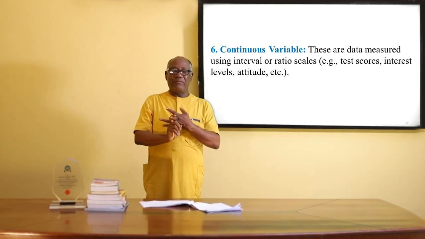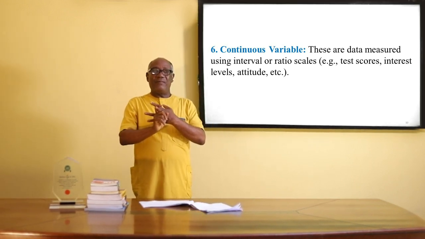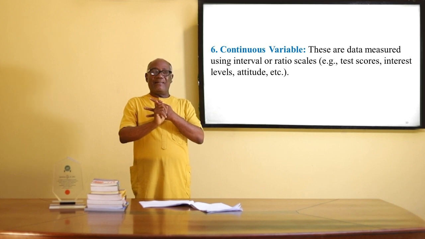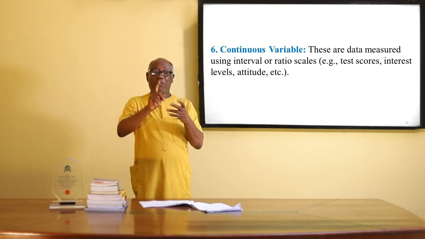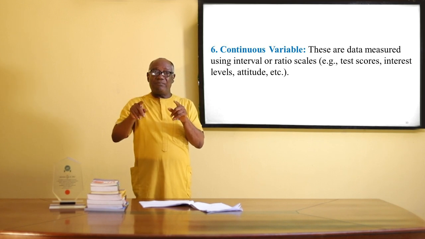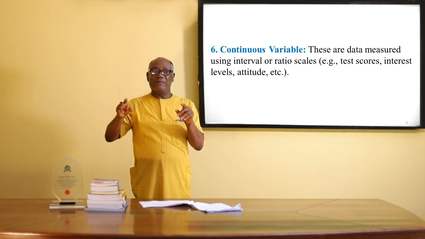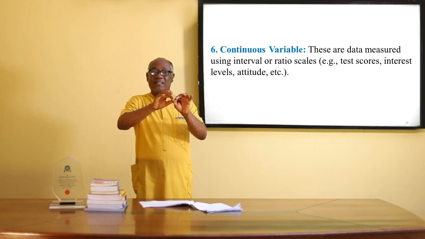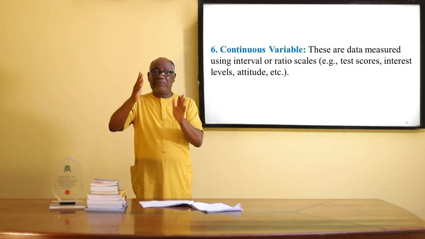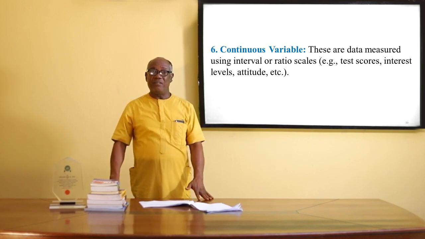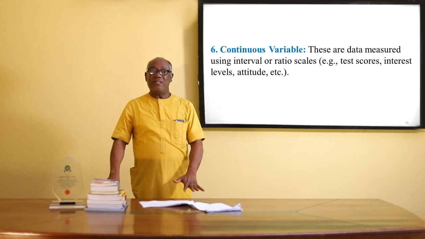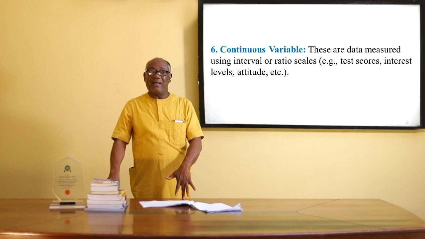For example, if you have data that are presented in the form of 1, 1.5, 2, 2.5, 3, 3.5, you see, this set of data, they are continuous. There is no breakage at any point.